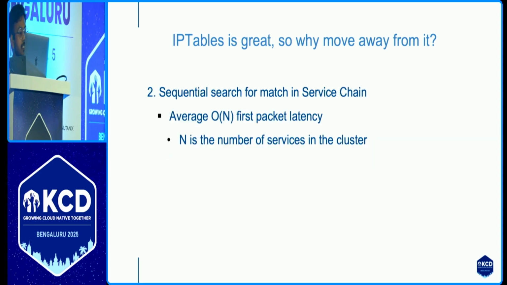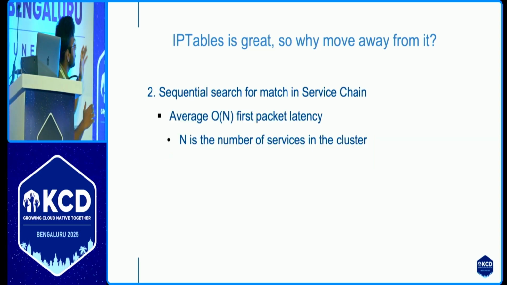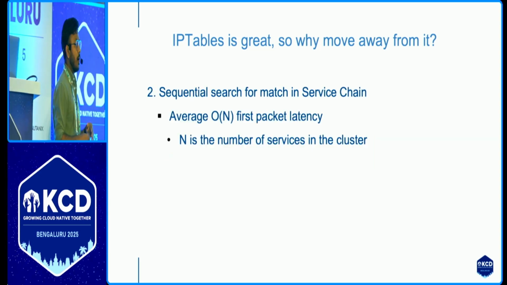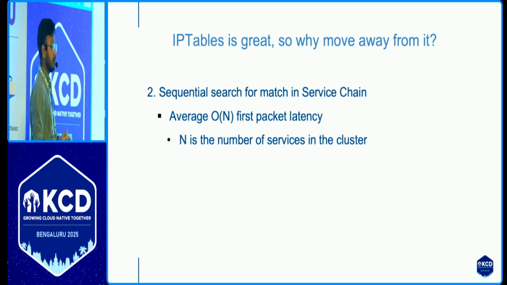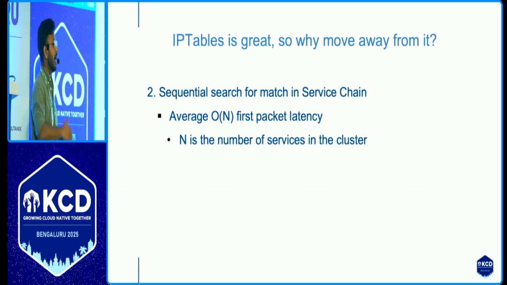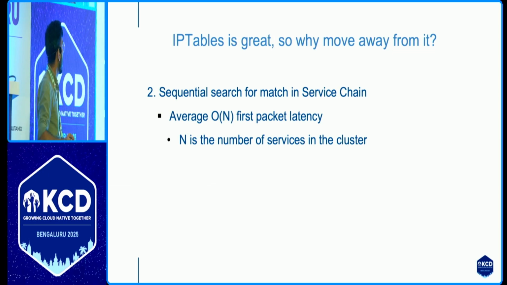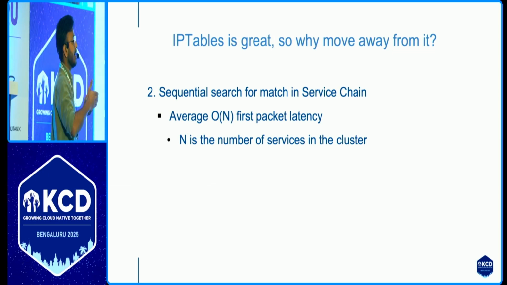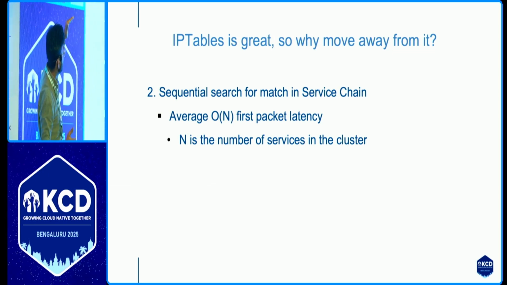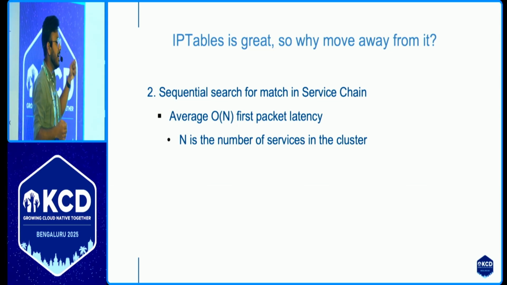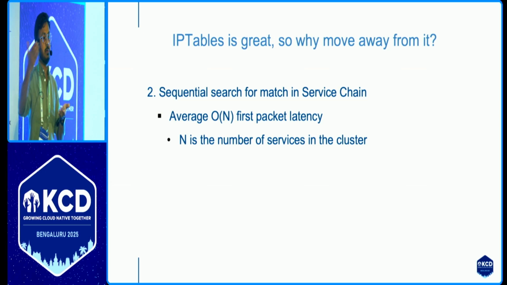Next is the service chain match, which is a sequential search match. Now, in our previous example, we had a Kube services chain and a bunch of match rules for network packets destined to different services. Whenever a network packet comes in, IPTables has to sequentially match through this list, find the rule which matches that particular network packet, then route it to the service-specific chain.